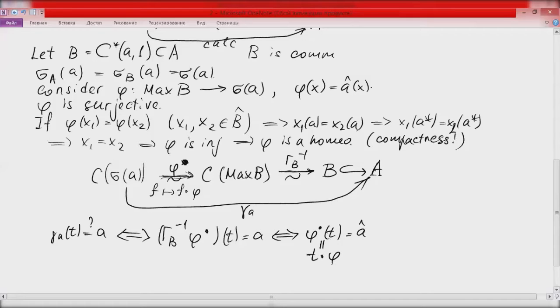Well, but T is just the inclusion map from K into the complex plane. And if we look now at the definition of phi, we see that this formula is true. And so this implies that gamma of T equals A. And this completes the proof. So our map gamma is the continuous functional calculus for our element little a.